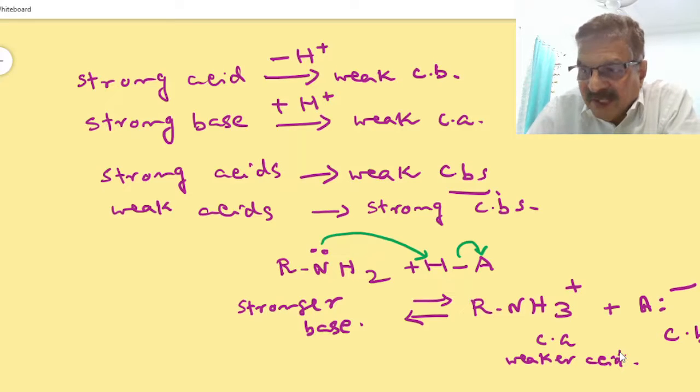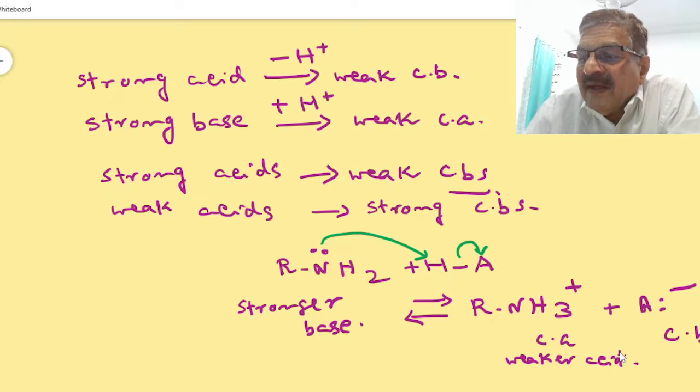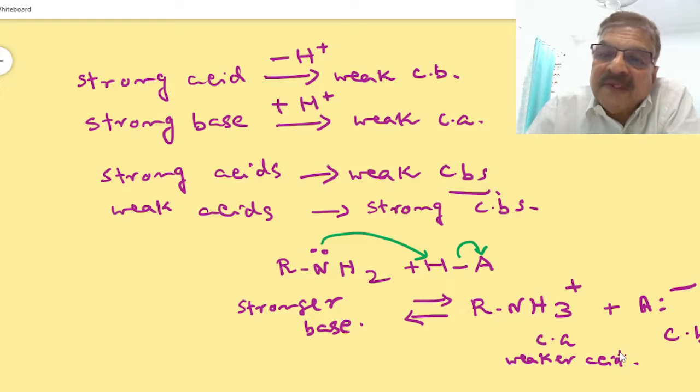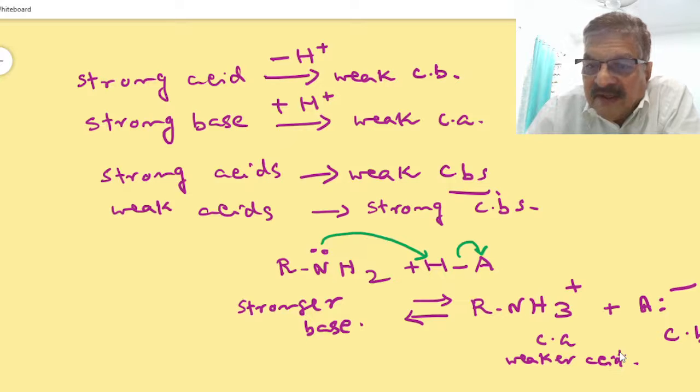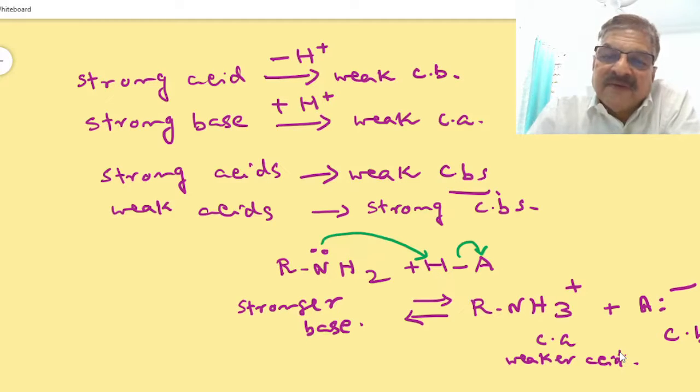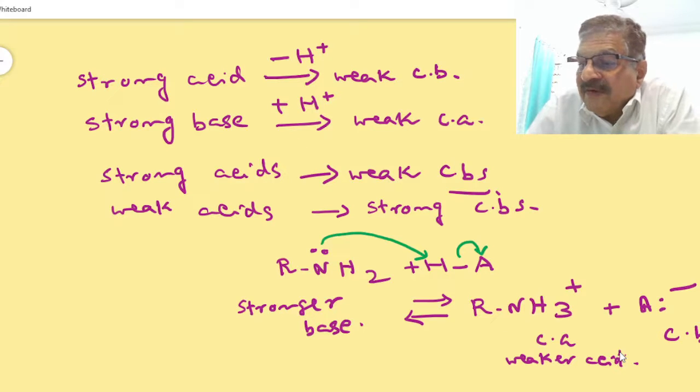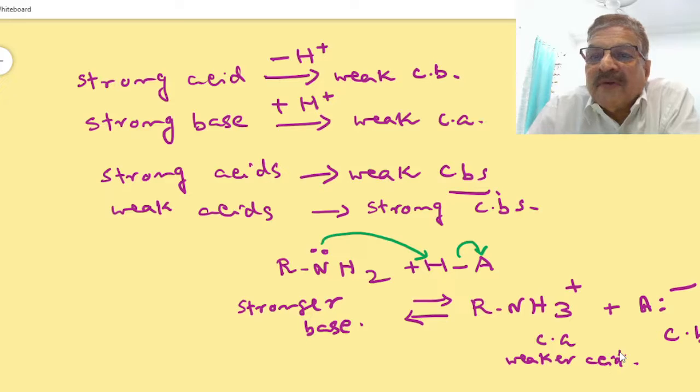On the other hand, strong bases want to share their electrons to form bonds with the protons, whereas weak bases are stable species and do not readily share their electrons.